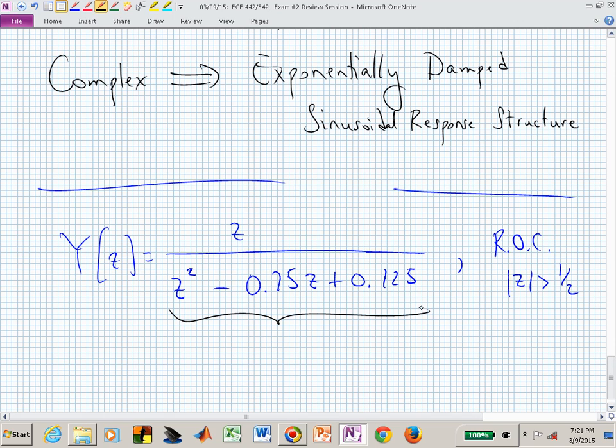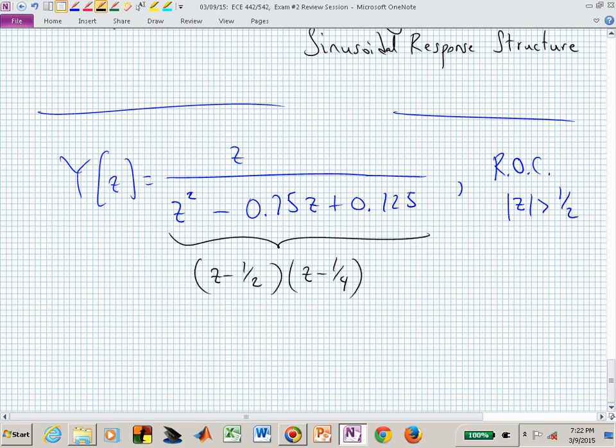Can you see what these roots are by inspection? You know their product needed to be 0.125 or 1/8, and their sum needed to be minus 0.75 or minus 3/4. So now you have 2 real roots.